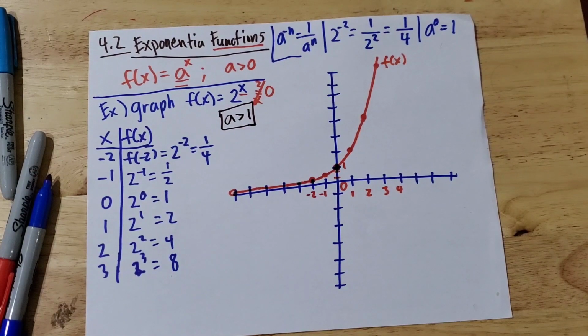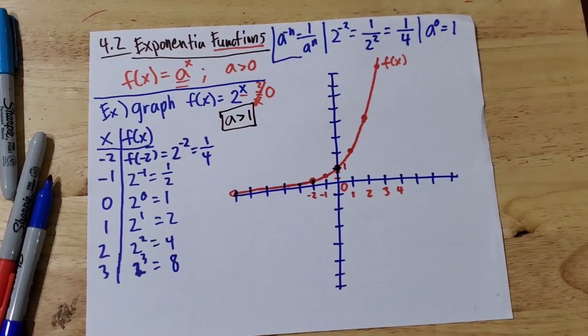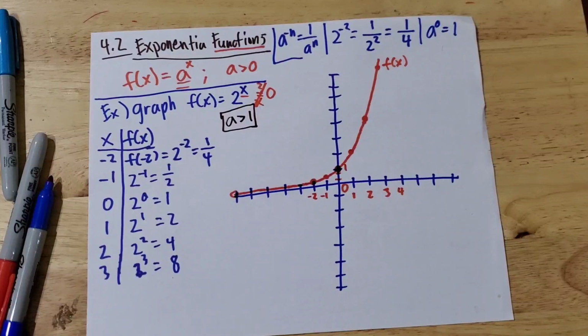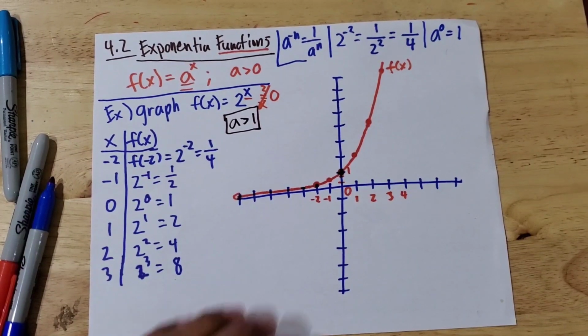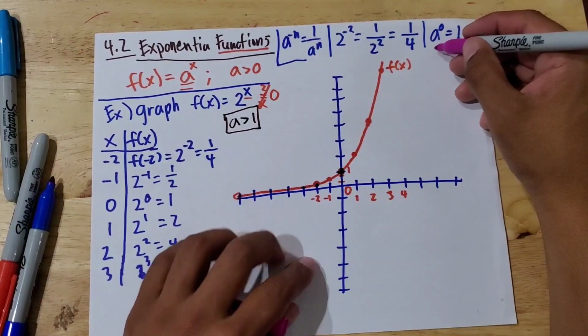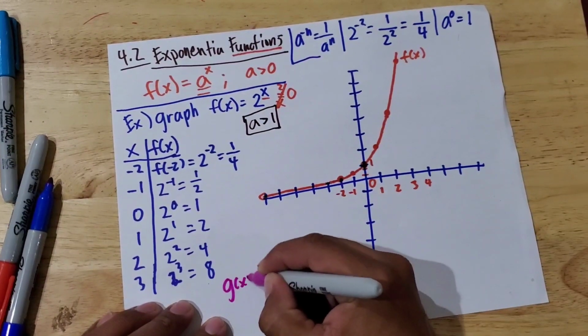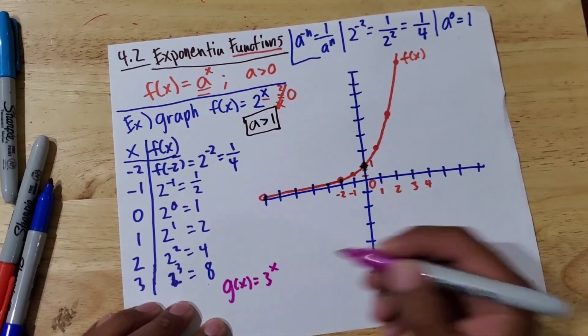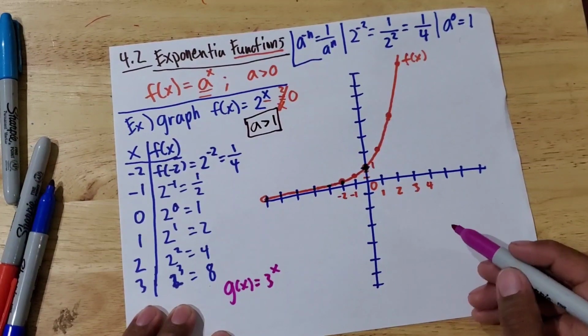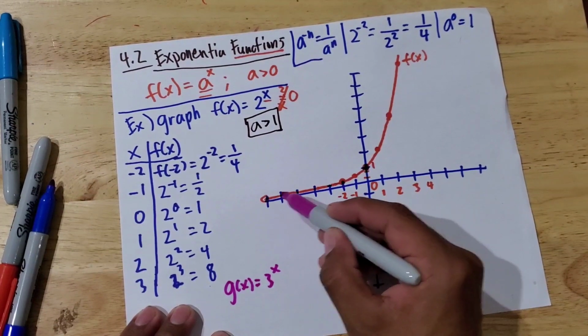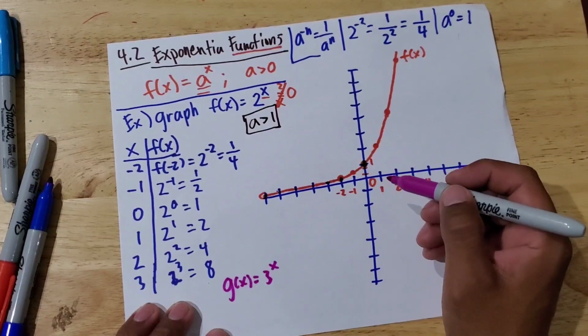But remember, when it came to transformations, it was important that we knew the parent function. So we had to know what the original function looks like. So let's say now I had asked you to graph g of x is equal to 3^x. What ends up happening here is still the same. It starts really low on one side.